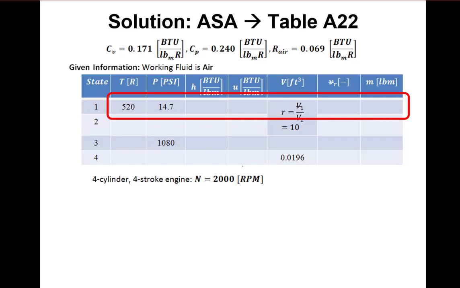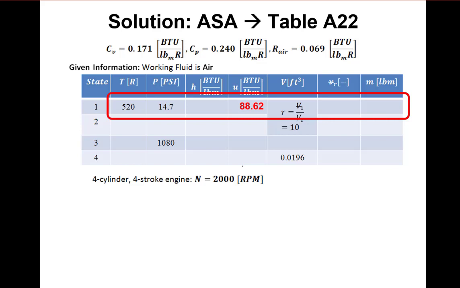So we're going to start at state 1 because state 1 is nice because I know the temperature. And anytime I know the temperature, that means I can go to table A22 and interpolate and find the specific internal energy. But just like in the example I saw before, when I was telling you about VRs and PRs, if I'm doing an internal combustion engine problem, I don't just need U from the table.